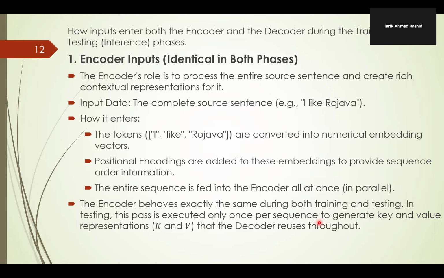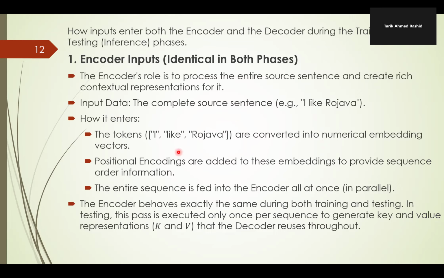Now, here we have the encoder and decoder during training and testing. The encoder's role is to process the entire source sentence and create a rich contextual representation represented by K values and V values, two matrices. So the input data, the complete source sentence "I like Rojava," is converted into numerical embedding vectors.